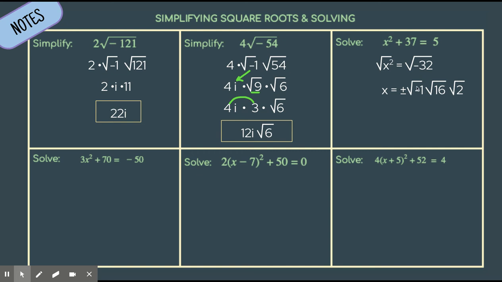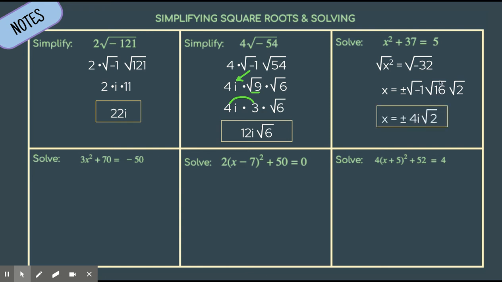You do not have to write this down every single time once you get used to it. And then 32 doesn't have a square root, so I'm splitting it up between 16 times 2, because 16 is a perfect square. I could also do 4 times 8, but you want the biggest perfect square that goes into that number, not the smallest. Then this becomes the i.